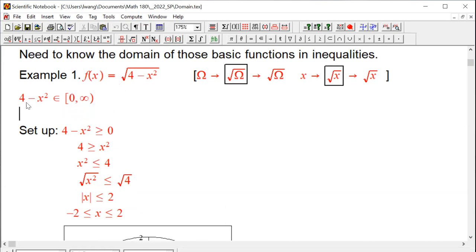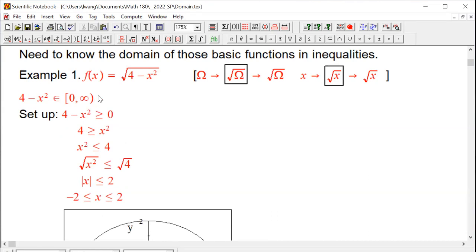How are you going to solve that piece? How are you going to solve that? You still have to transform it into inequality to solve it, right? So that's why the interval notation is good, but not always useful. They're good, but you have to know the inequality form to work with it.